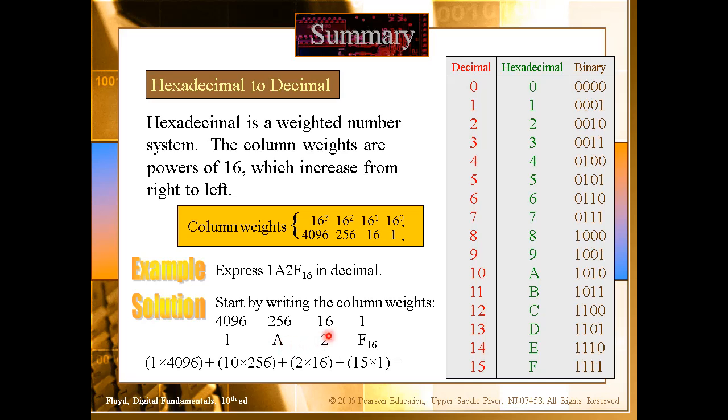If you look at the chart, you will know it. So I multiply 256 times A, meaning 10 times 256, and then 4096 times 1. Basically all I'm doing is multiplying the weights and the digits, and then adding all up. Once you do it, you will get 6703, which is the equivalent decimal of the hexadecimal given to you.